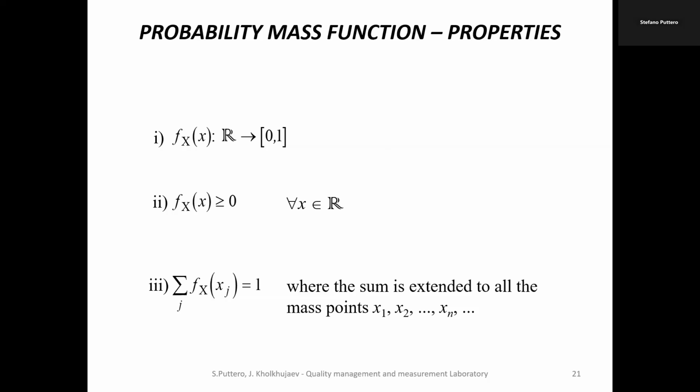And this is quite obvious from the example that we saw during the last lesson. The last but not least property is that the sum of the probability mass function calculated in each xj, that means in each mass point, is equal to 1.